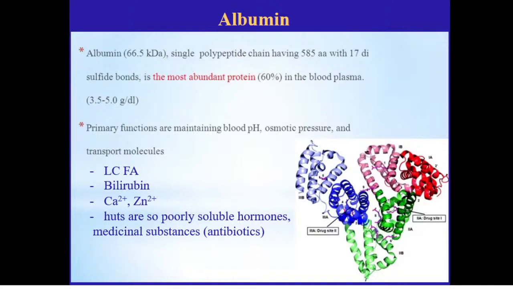Nearly 40 ions of calcium can be transported by one molecule of albumin. Then there are specific proteins for our steroid hormones, for thyroxine, for our vitamins, but excess of these poorly soluble molecules can also interact with albumin.